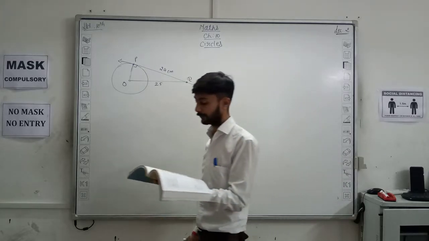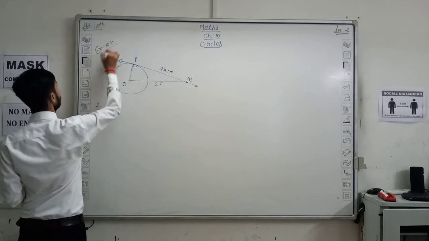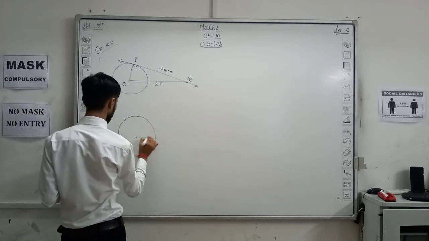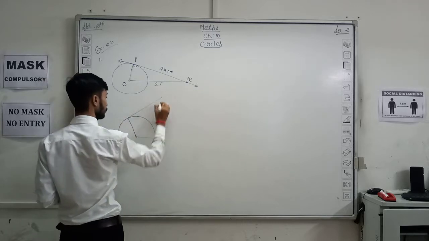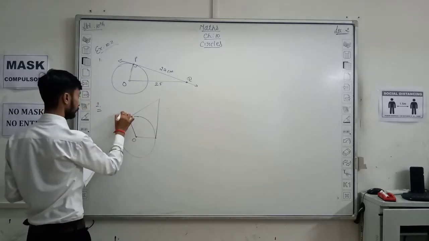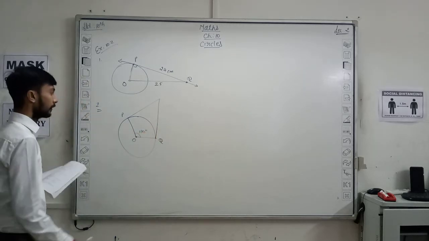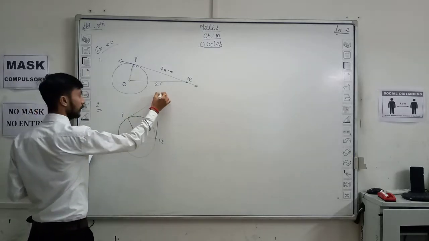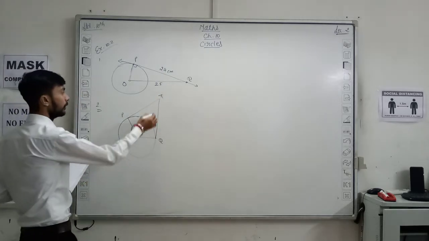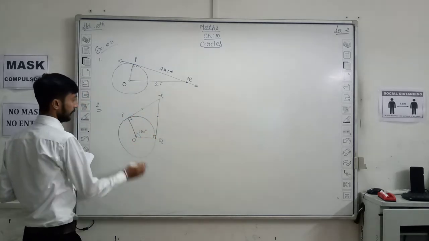In number 2, the figure is already given to you. OPQ, this is 110. So as I say, PT and QT are two tangents from a common point T. That means they are equal, and also they are perpendicular to the radius at the point of contact.